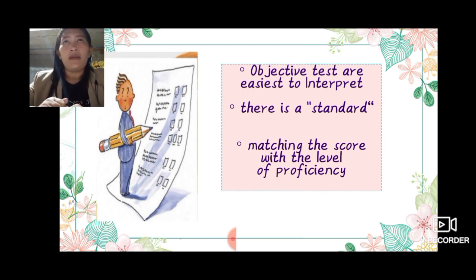So, if ever ang student or ang pupils nakakuha og 60% above, ibig sabihin, they had the knowledge, they had the skills regarding their performance in a certain assessment test. So, kung wala pod sila nakapasar or wala sila nakakuha sa passing score sa standard, it also means na wala sila nakasabot sa lesson.